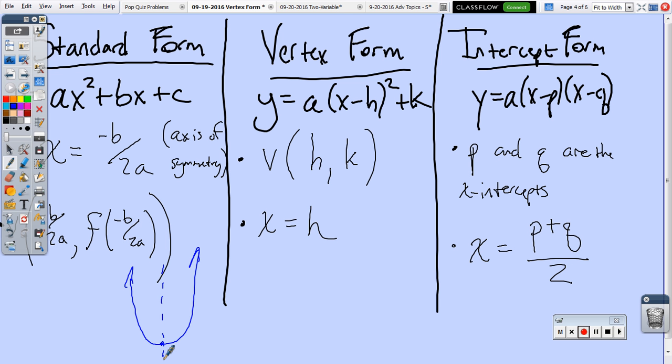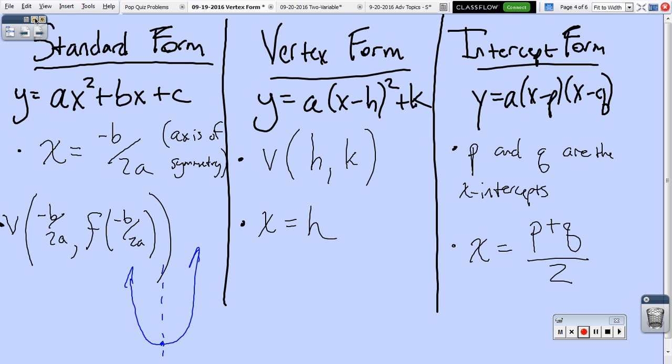So it makes sense that this point has the x-coordinate of whatever x is for the axis equation, whatever negative b over 2a is. Let's say the axis of symmetry is x equals 3. Then you already know the x-coordinate of the vertex. To find the y-coordinate, you simply plug 3 into the function, because that gives you a point on the graph of the function.